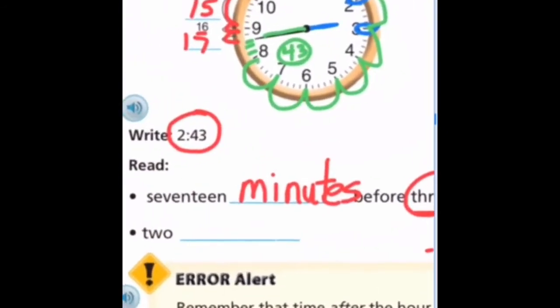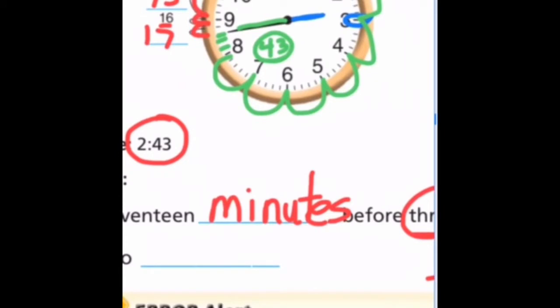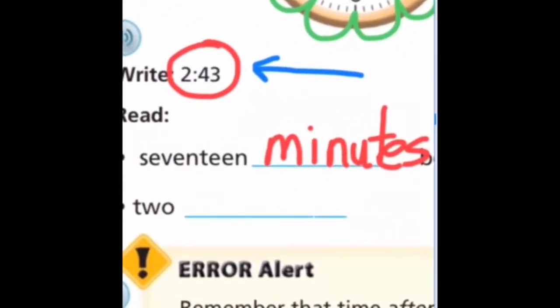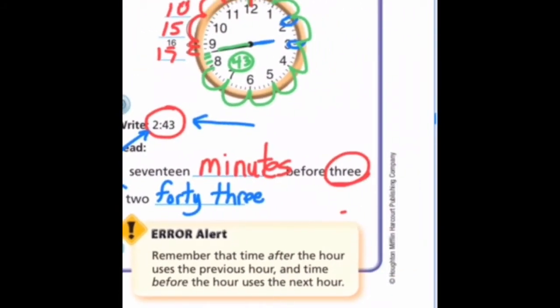It's not 3 o'clock yet, it's 2:43. But in 17 minutes, it'll be 3 o'clock. Now, if we want to write it as this time up here, it's 2:40, F-O-R-T-Y, 3. Also known as, what I wrote in red, 17 minutes before 3 o'clock.